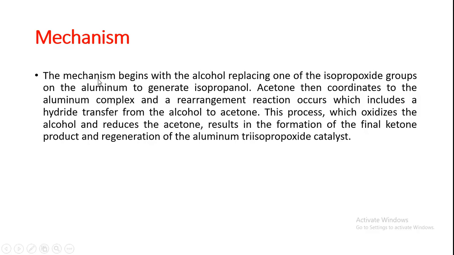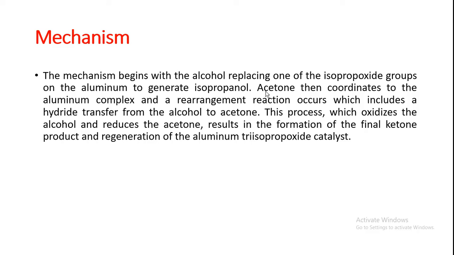The mechanism begins with the alcohol replacing one of the isopropoxide groups on the aluminum to generate isopropanol. This isopropanol is also known as sacrificial alcohol. This sacrificial alcohol sacrifices itself to generate the ketone, the final product.